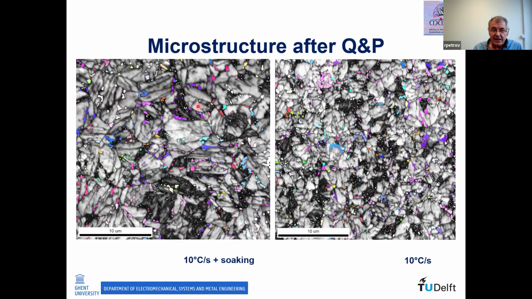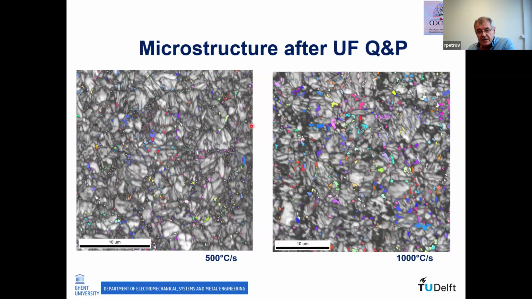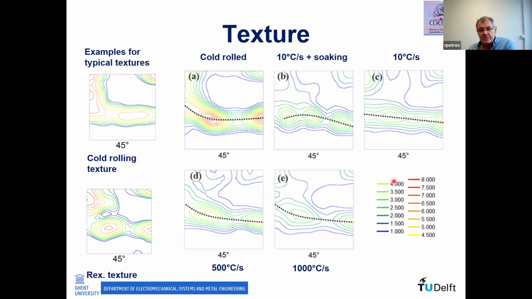Black is fresh martensite, tempered martensite is brighter, and this is the image quality map with the inverse pole figure map. Below is shown the soaking time and the heating rate, and obviously you can see the refining effect in those cases. Not so well pronounced in others.